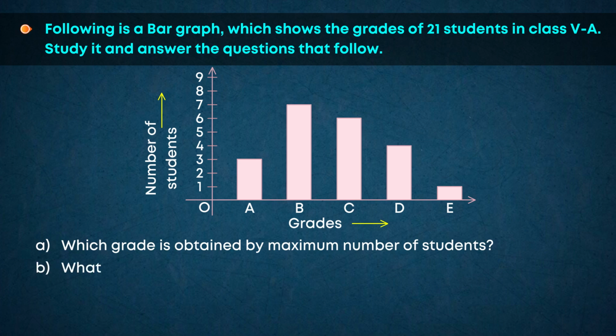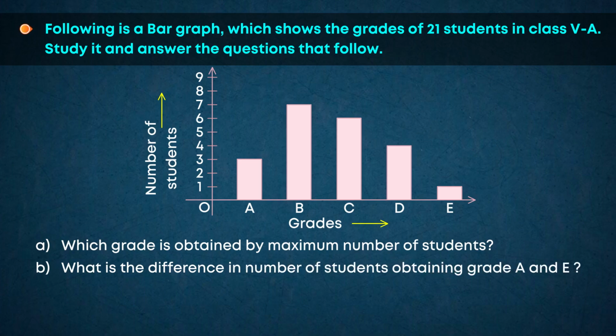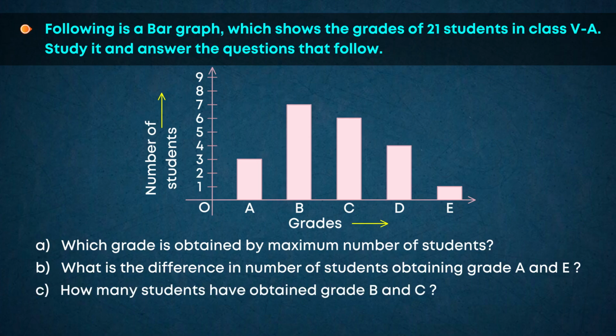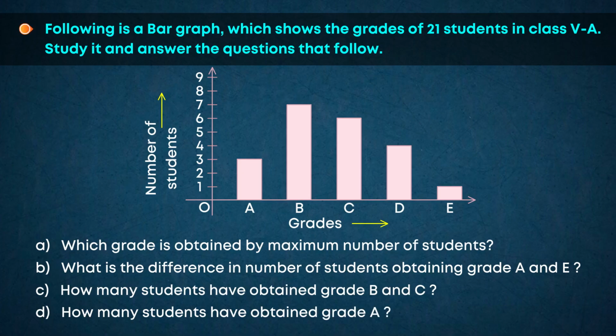B. What is the difference in the number of students obtaining grade A and E? C. How many students have obtained grade B and C? D. How many students have obtained grade A?